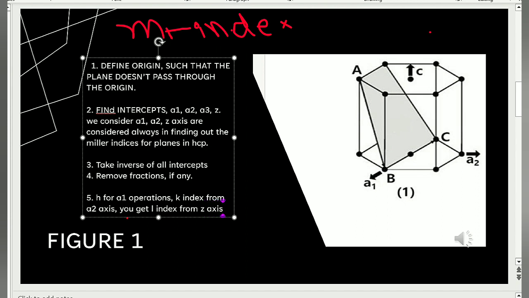So doing so, you will get 3 indices H, K, and L, corresponding to all these axis lines.